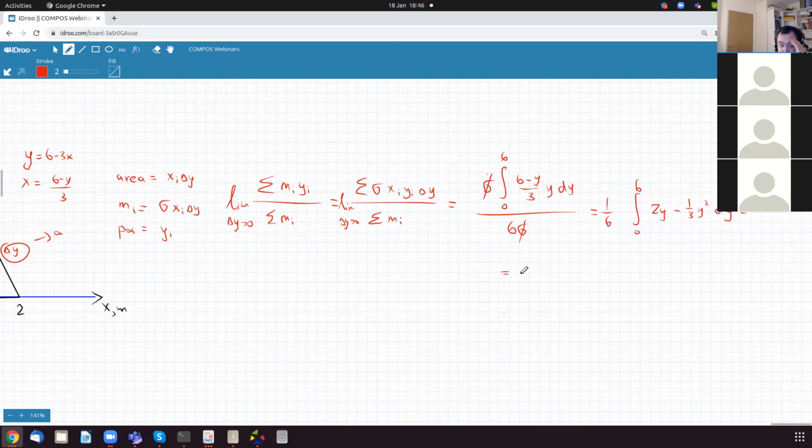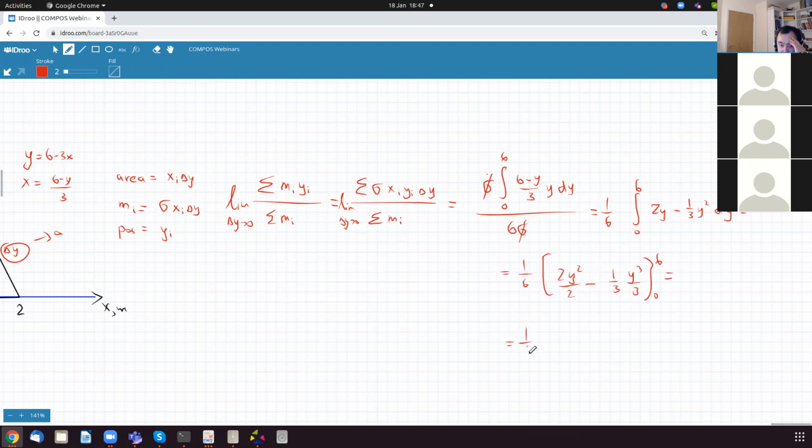So we integrate this: 1/6 square brackets 2y squared over 2 minus 1/3 y cubed over 3, between limits 0 and 6.